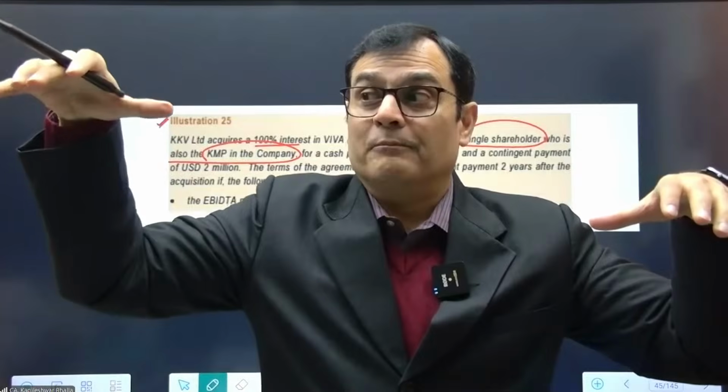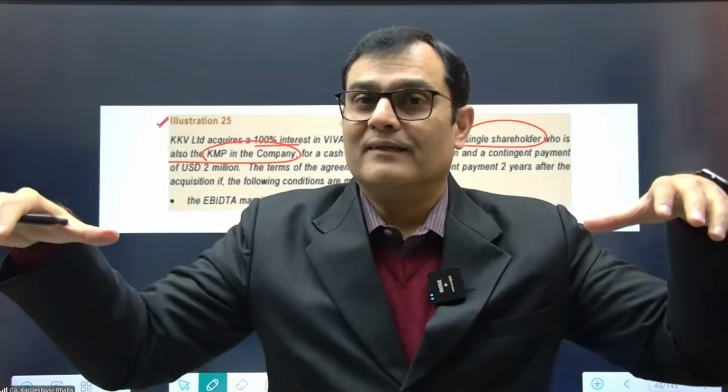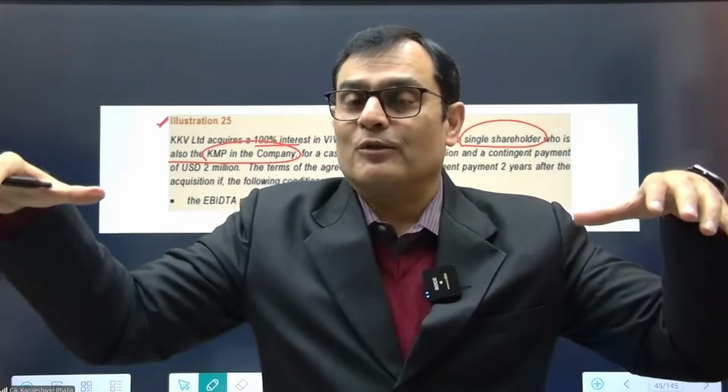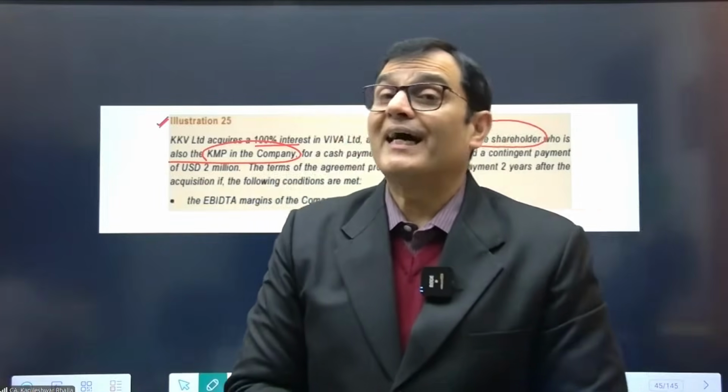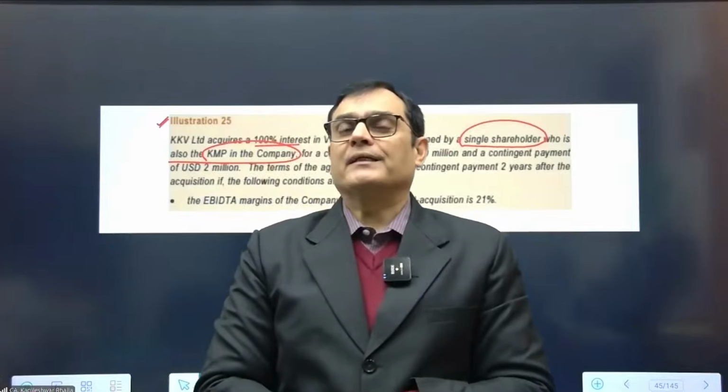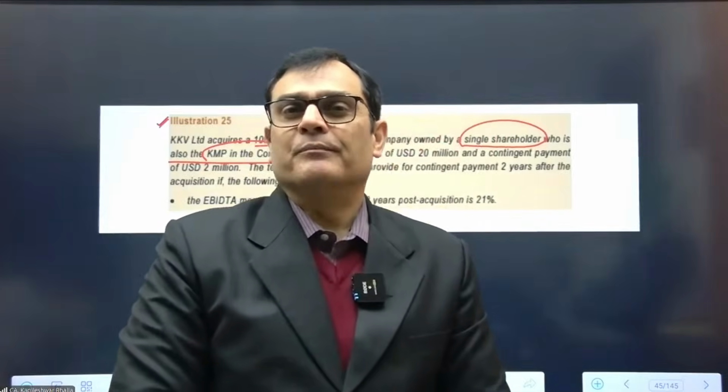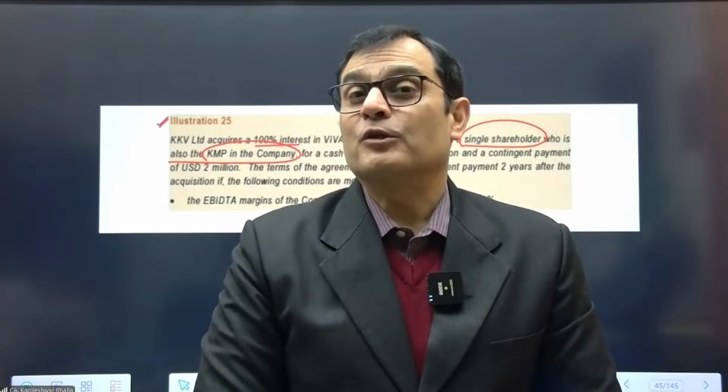He is also the employee of the company. So the person who is the shareholder of the acquiree is also the KMP, the employee of that company. Now, when I approach him as an acquirer, is the payment given to him in the capacity of the employee or in the capacity of the shareholder? So remember the three-step model which I gave you.